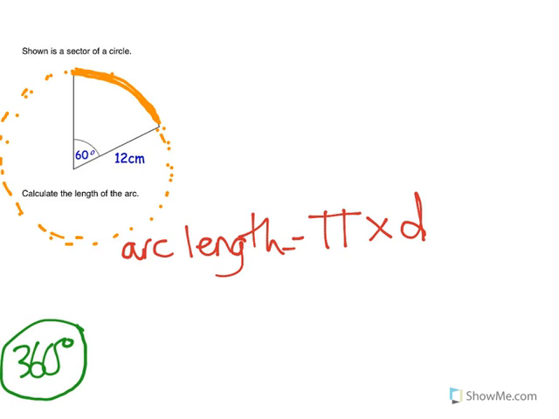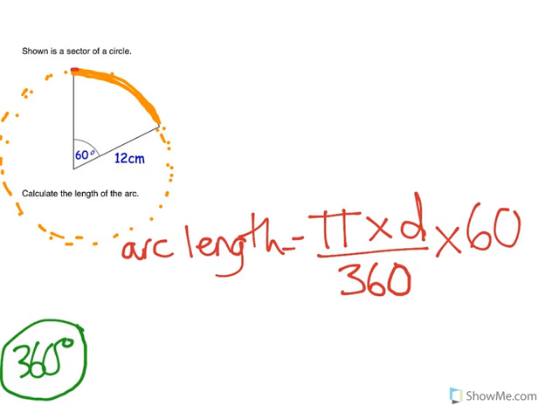So if I divide that by 360, I will then have the arc length for just 1 degree. But I wasn't after the arc length for just 1 degree of that circle. I wanted the arc length for 60 degrees of that circle. So what I then need to do is times by 60.